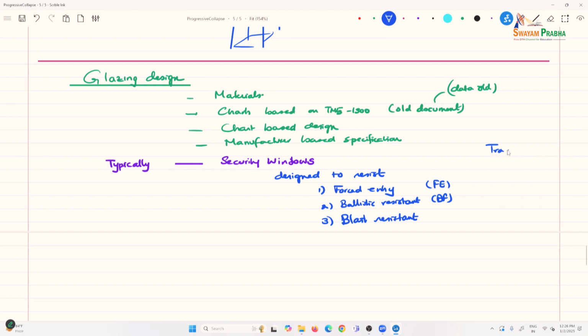If you look at traditional windows, not security windows, these resist wind pressure and impact due to debris, wind debris.